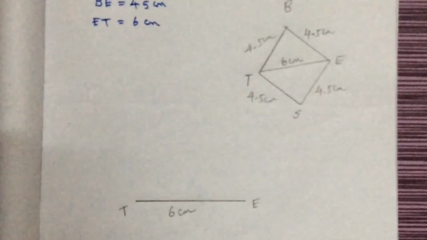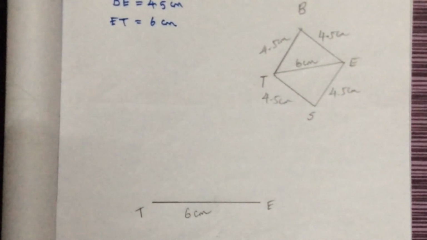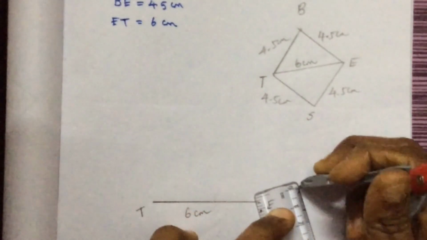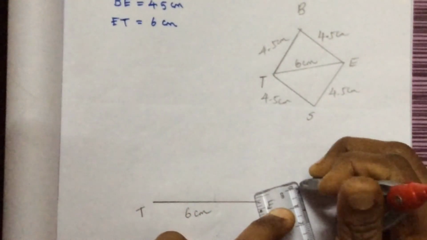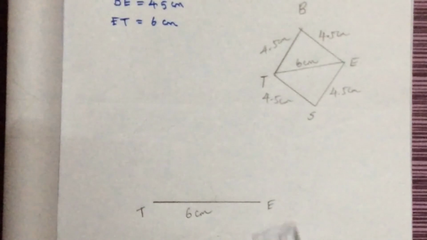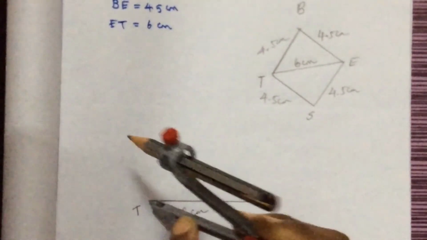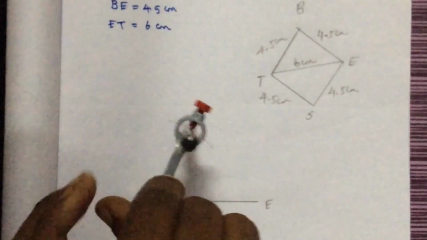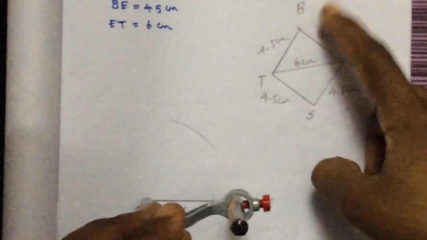Now I have to take 4.5 centimeter as radius. I have to cut an arc from T, both on the top and also on the bottom.